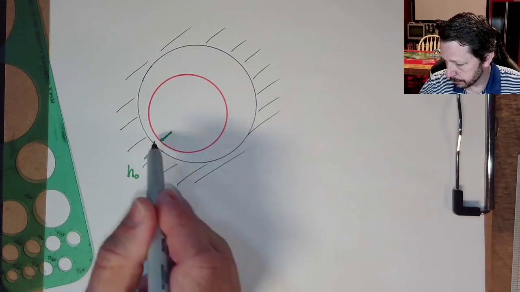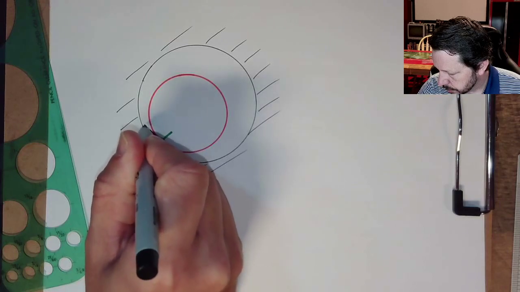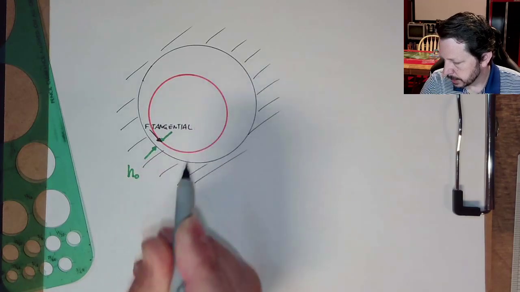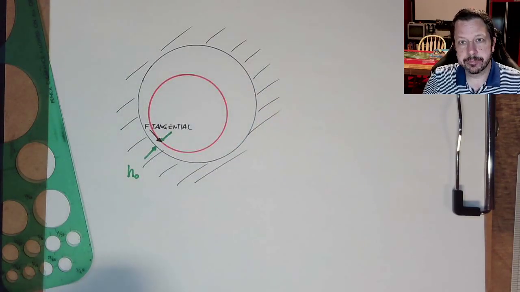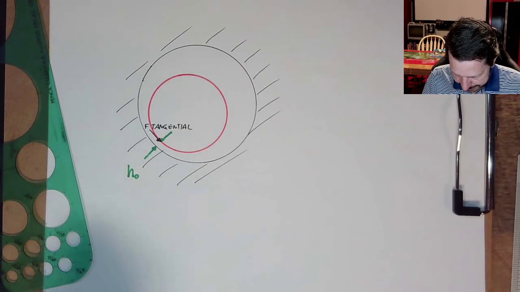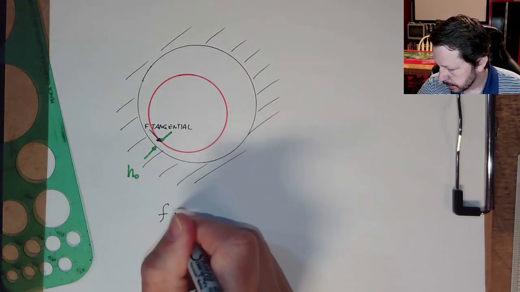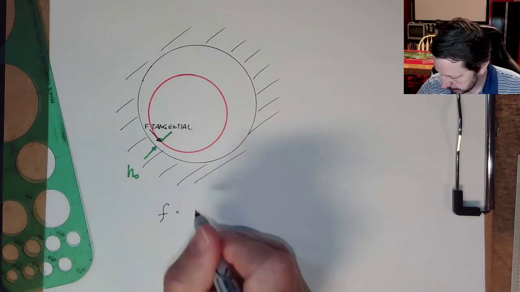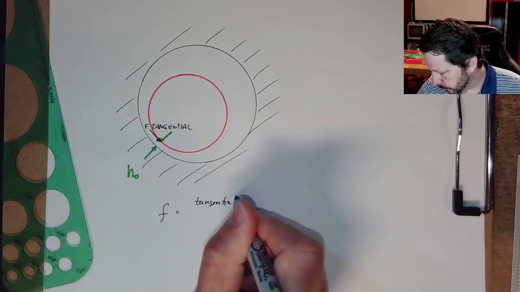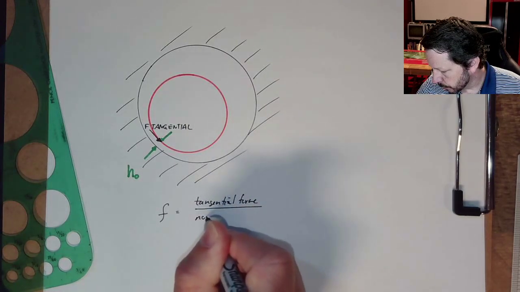So there's a frictional force, like a little tangential force acting on this journal to slow it down. And last time we said that in general, friction can be defined as this tangential force divided by a normal force.